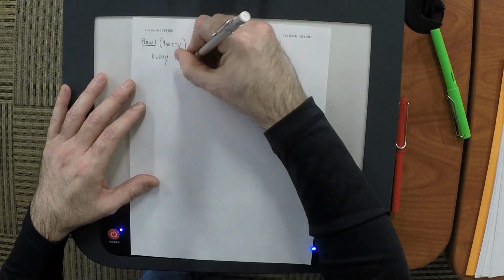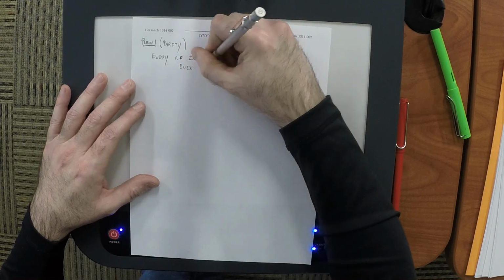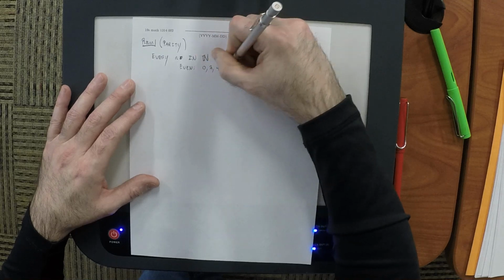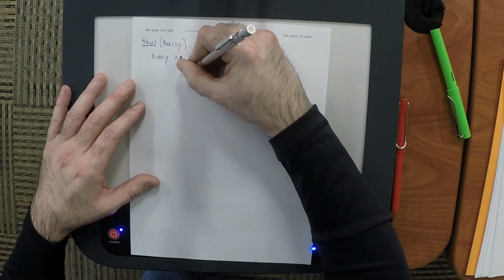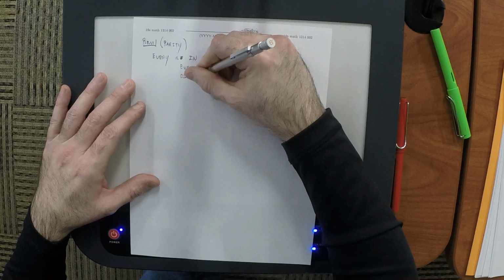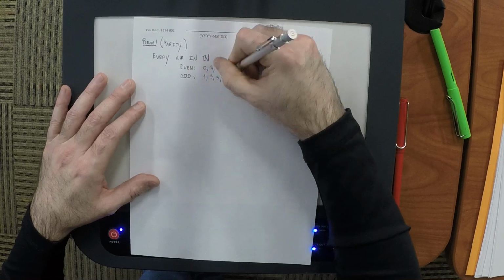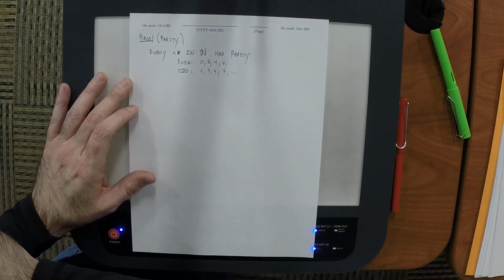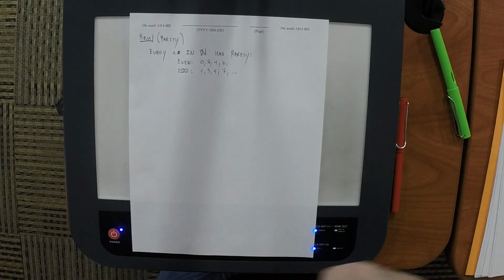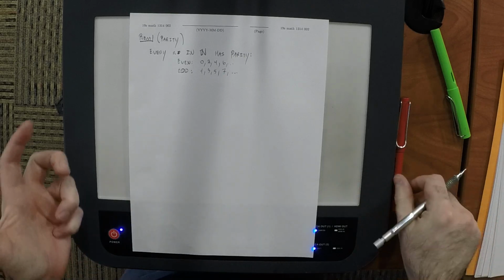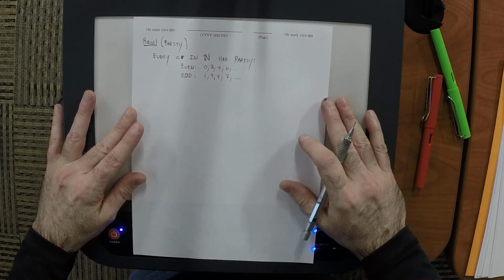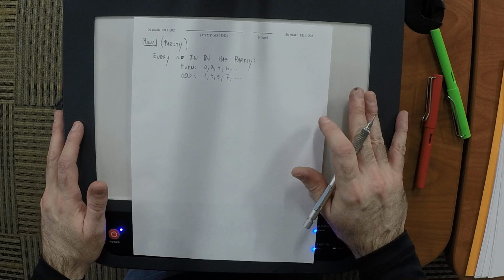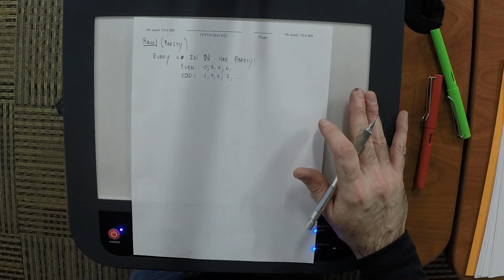So the even ones are 0, 2, 4, 6, ... and the odd ones 1, 3, 5, 7, ... And what I want you to note is that on the previous page we were talking about square root, which is like the undo for caret 2, and 2 is even.